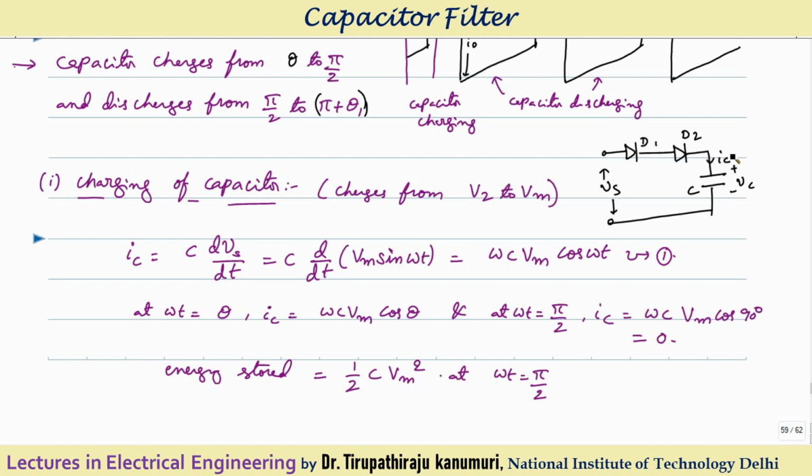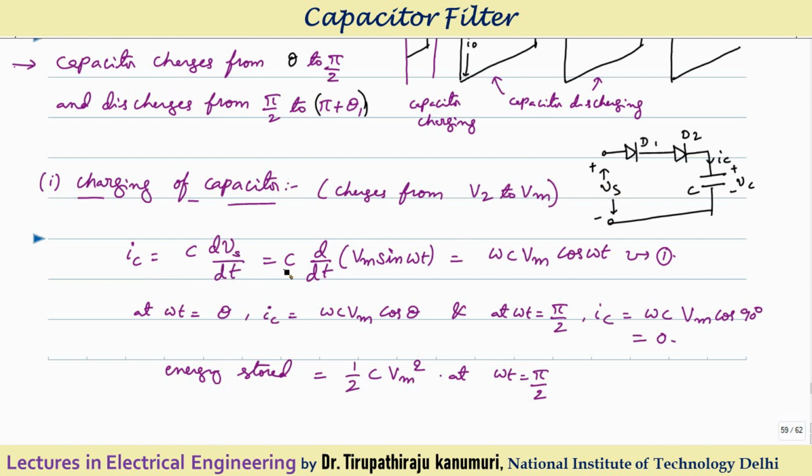Let us assume the current passing through this capacitor I am representing by IC. The value of IC depends on the difference in the voltage between your supply voltage and the capacitor voltage. Let us represent your supply voltage, I am taking plus minus. So I can write my equation for IC is equal to C into dVs by dt, because it depends on the variation of the supply voltage.